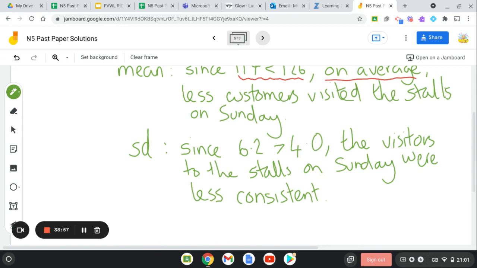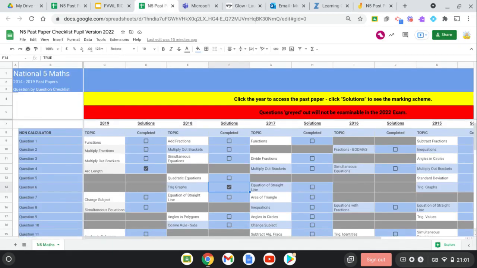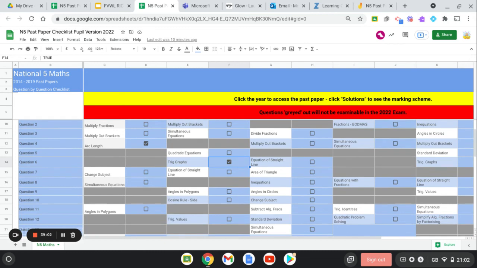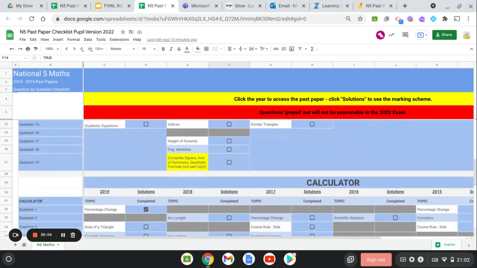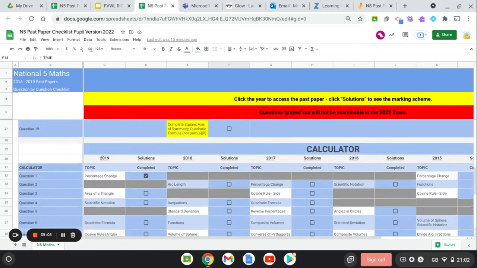Then again, you would just go back to your sheet and have a wee look at standard deviation, question 5, tick that, done, I'm finished. I'm feeling quite good about that question.